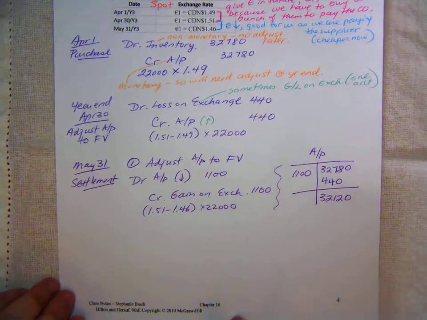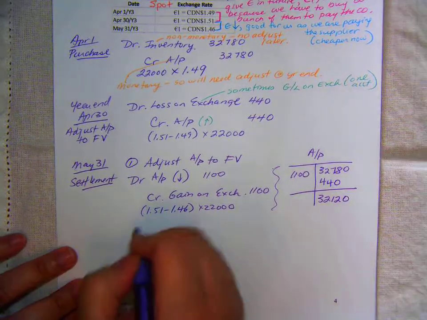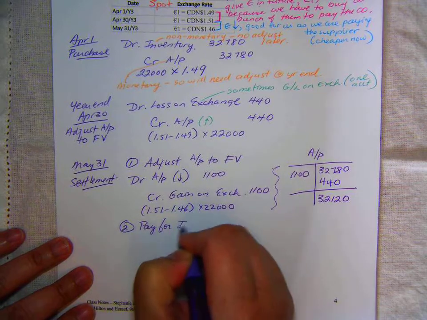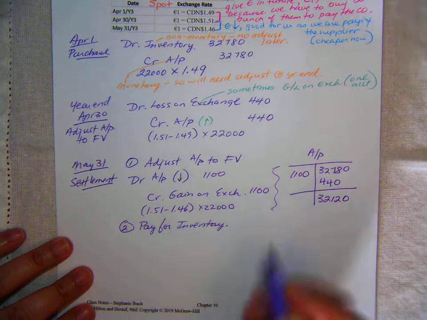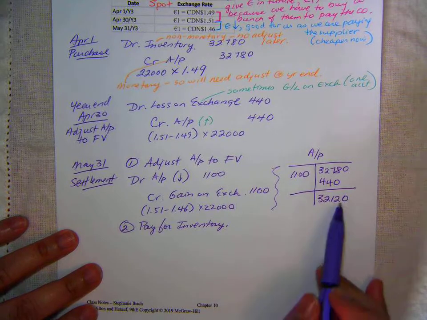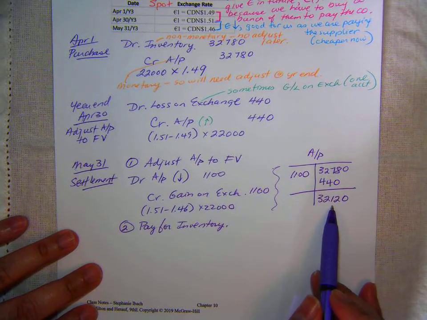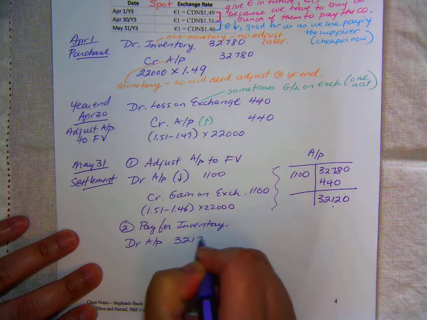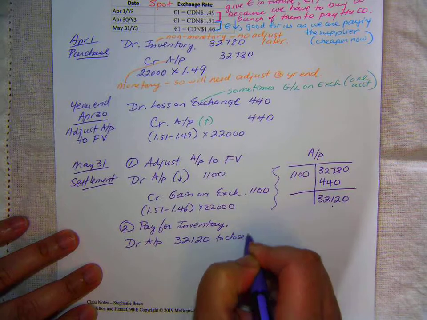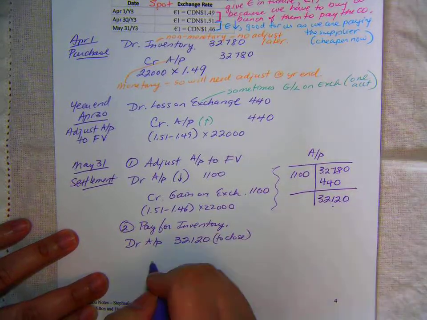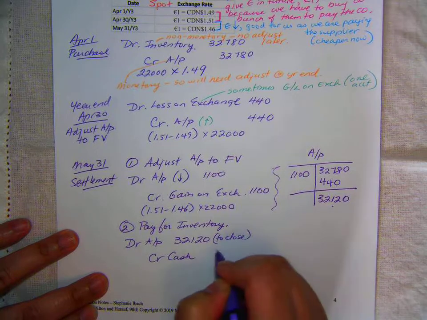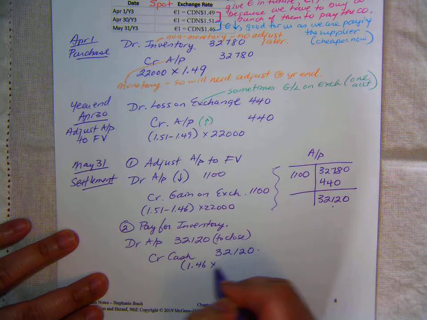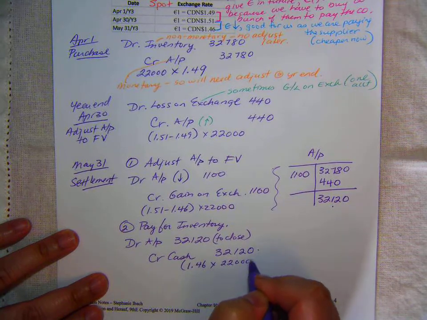So that was the first step. Now all we have to do is settle it. So step 2 is pay for the inventory. Our accounts payable balance is 32,120. We're going to close AP for 32,120, and we're going to credit cash for 32,120, which is 1.46 times 22,000.